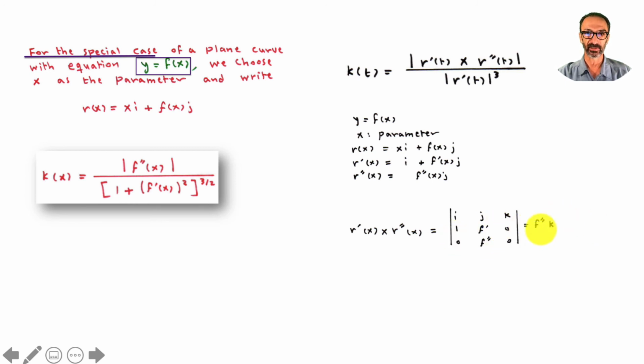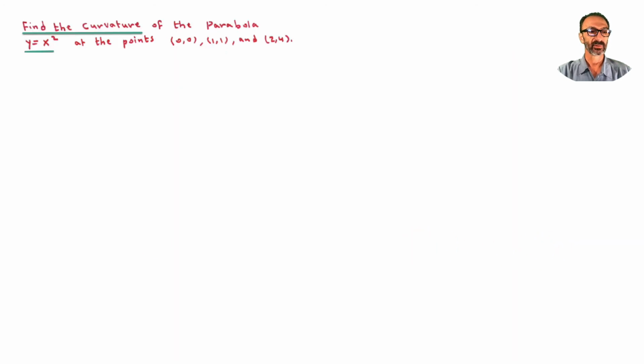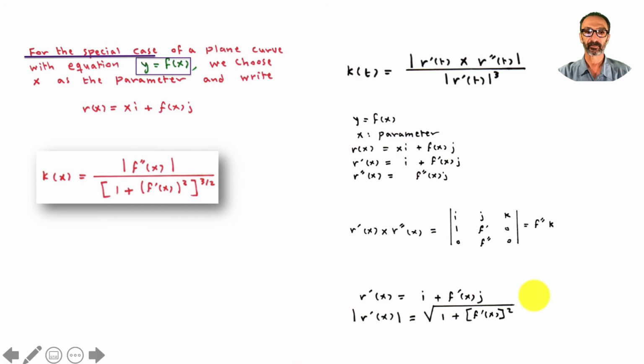Follow it, you end up with f double prime k. So that is the top part, magnitude, and the lower part from here, magnitude, and you want to cube it. Sorry, went too fast. You have everything. As you can see, the cross product is f double prime.